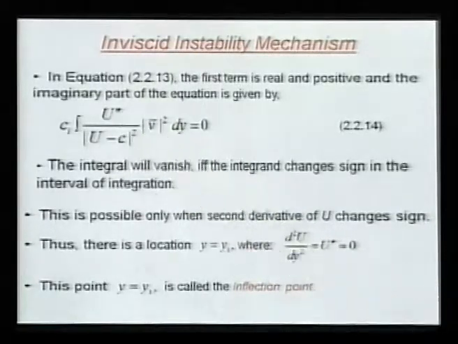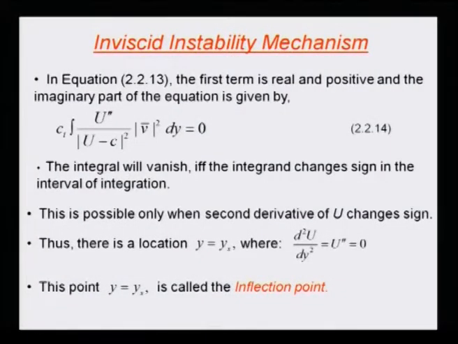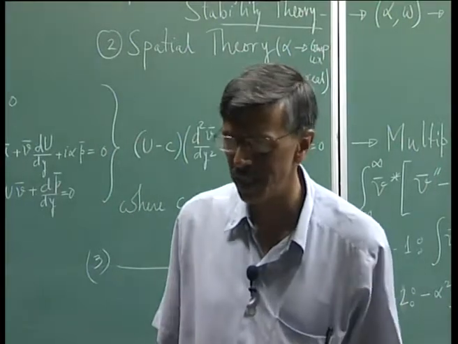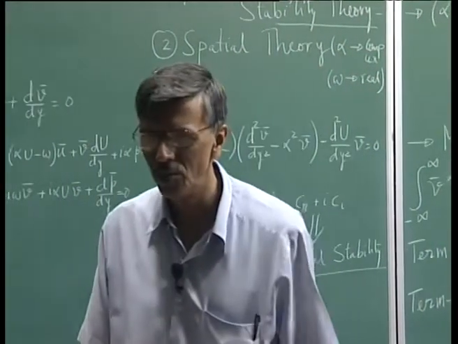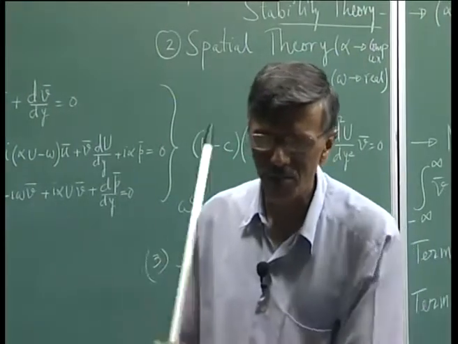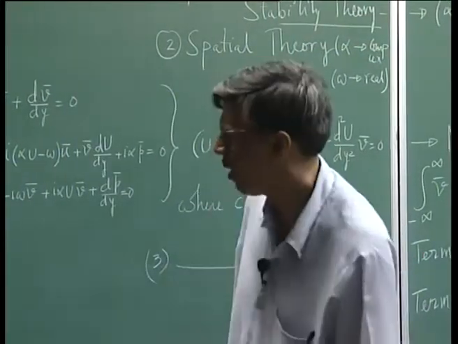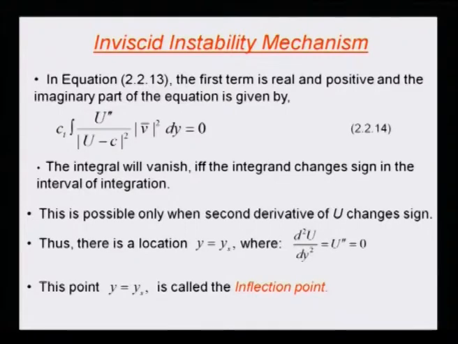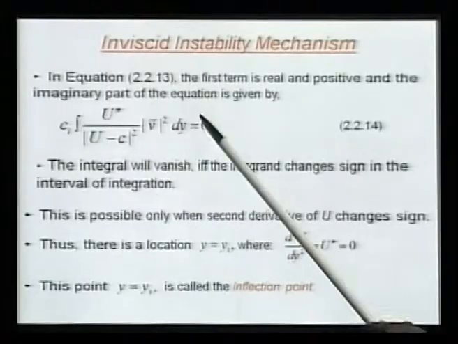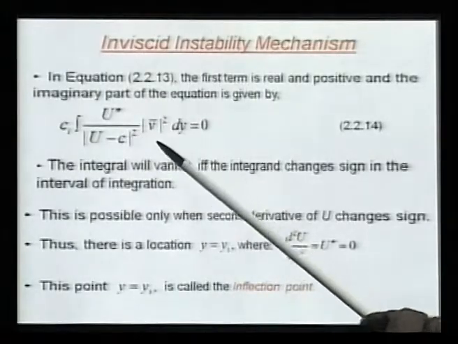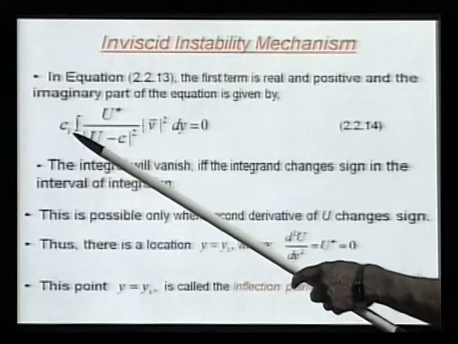How can that happen? That u double prime has to flip sign somewhere. That the positive component will negate the negative component, that will yield you a non-trivial solution. So, what it essentially says is that only when this integral is equal to 0, then your Ci need not be 0.